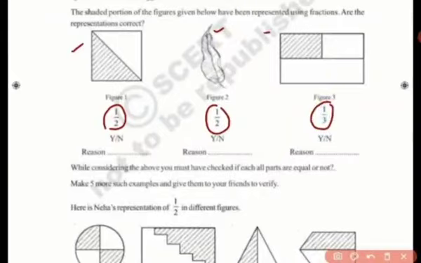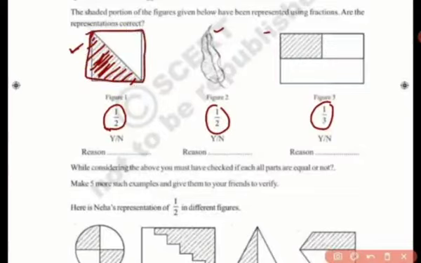Tell me, students, you have a square, and it is shaded in this part. So the fraction, if I write as 1 by 2, is it correct? Yes, of course it is correct, because you are shading one part of this whole square.